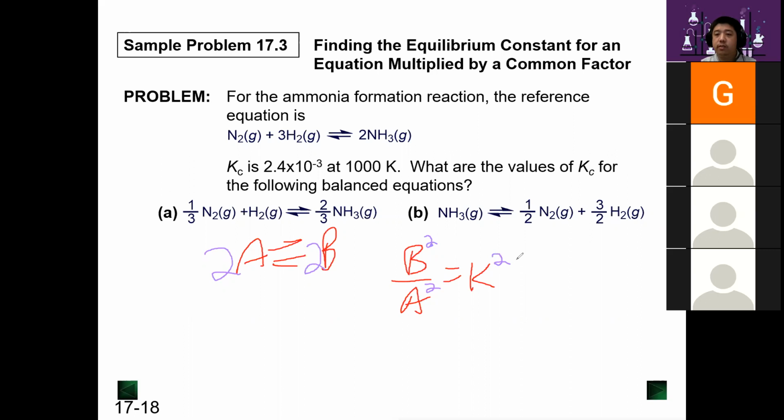Does that make sense? That is the same thing if I decided to put 1/3 in front instead of 2. This just becomes to the 1/3 power for each. Everyone's on the same page so far?